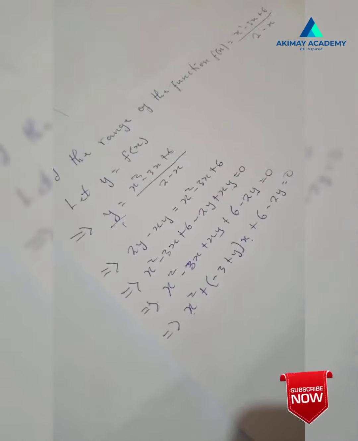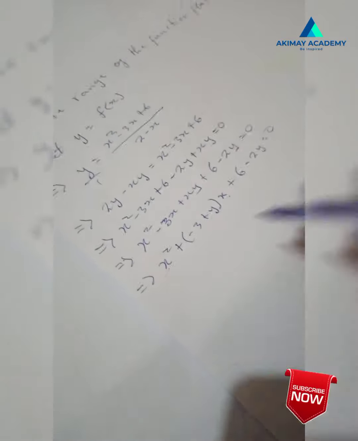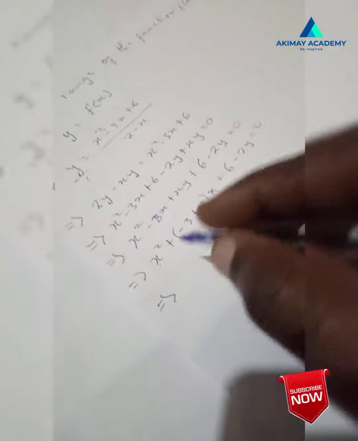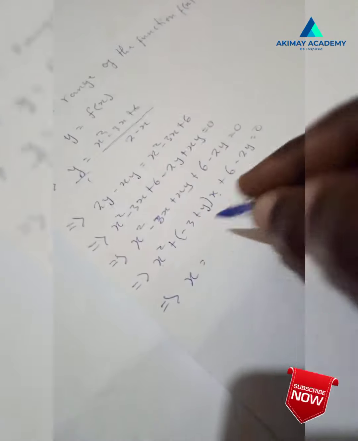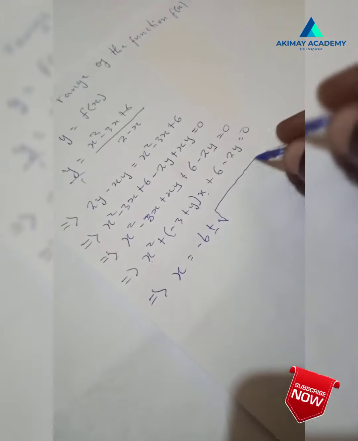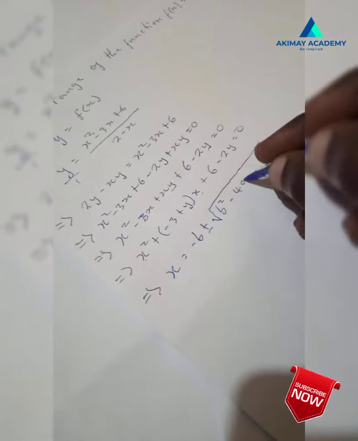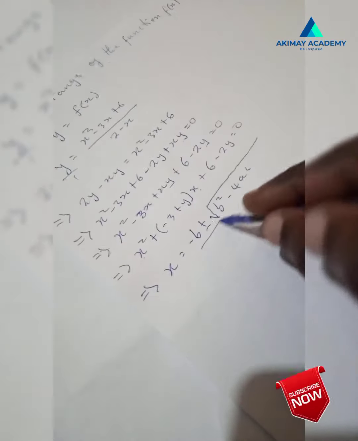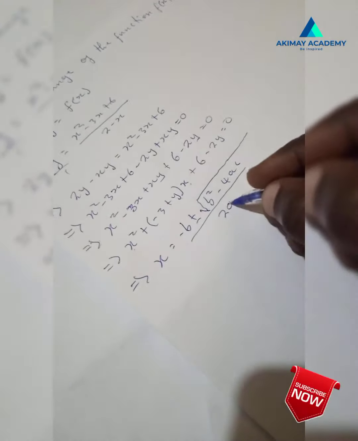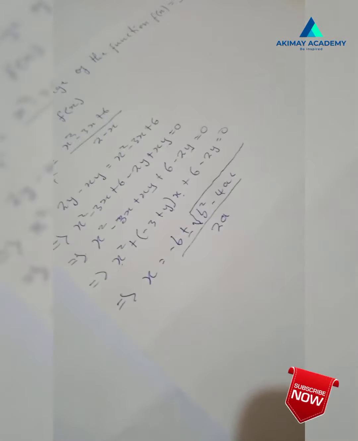Okay, good. At this point we try to bring in the quadratic formula, which is x equals negative b plus or minus the square root of b squared minus 4ac, all out of 2a.